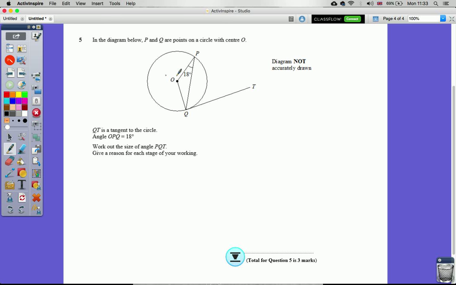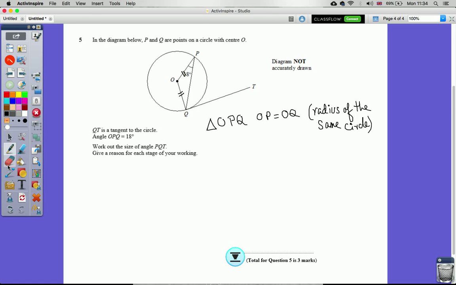Okay, so you see in the triangle OPQ, OP is equal to OQ. These two sides are equal. Reason? They are radii of the same circle.